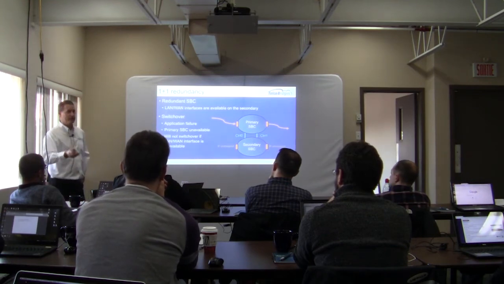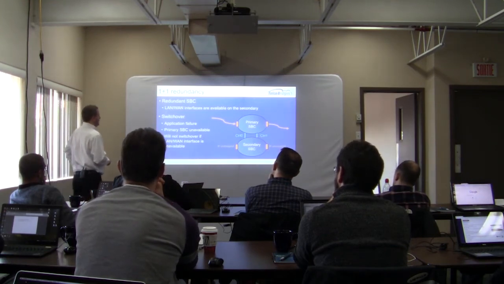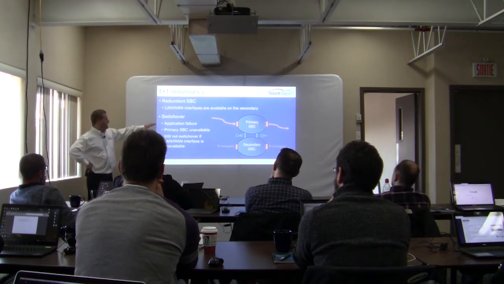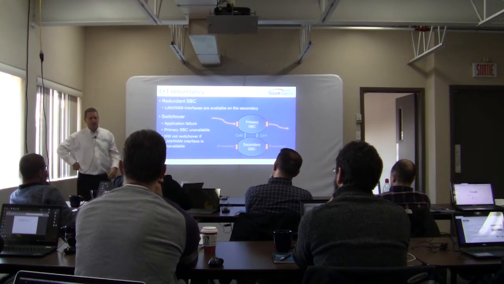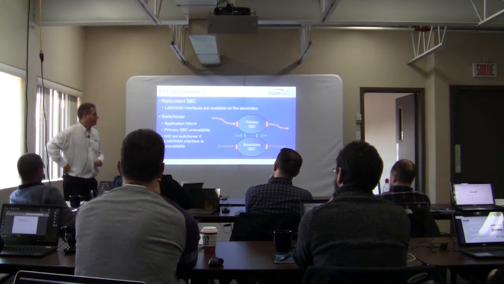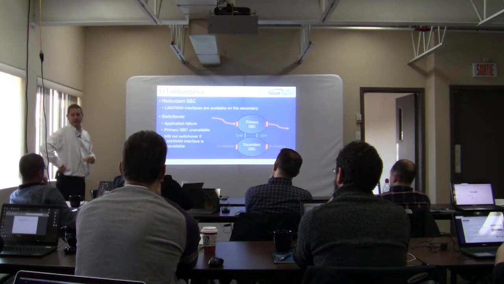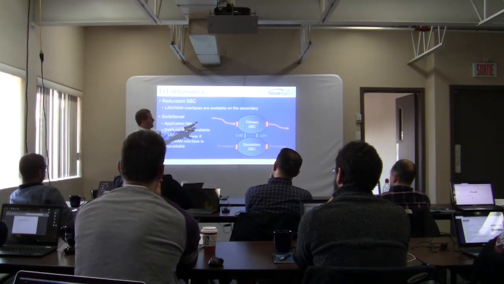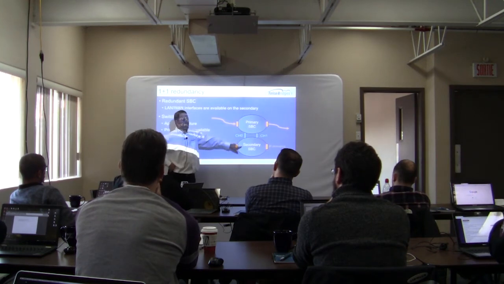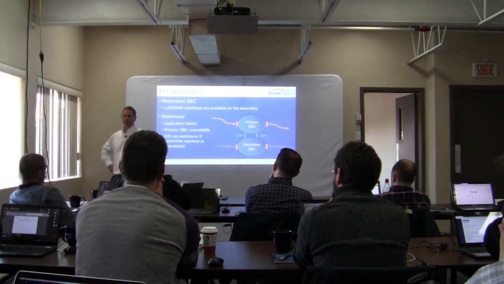It's going to take over inside of a few seconds. It can switch over on any of the application failures. You'll see later, there are many applications running in the system. If one of them fails, it's going to switch over to the secondary. So it's possible that most of the applications run here, but one of them runs here. Yeah, it's possible.